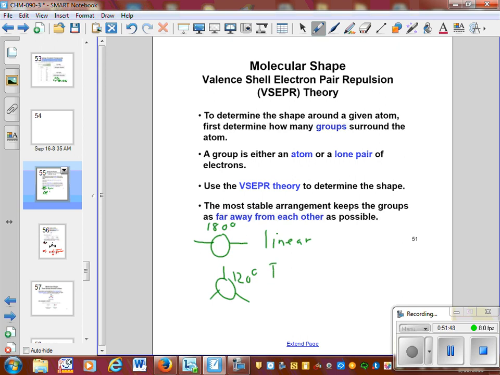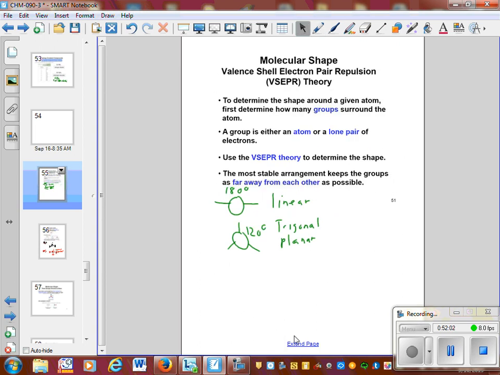All right. So far, so good. I want to put 4 of them as far away from each other as possible. How far apart can I put them? No. 90 works in 2 dimensions.